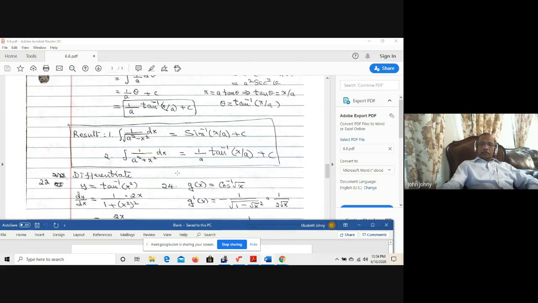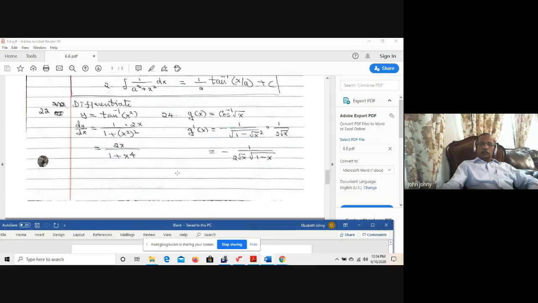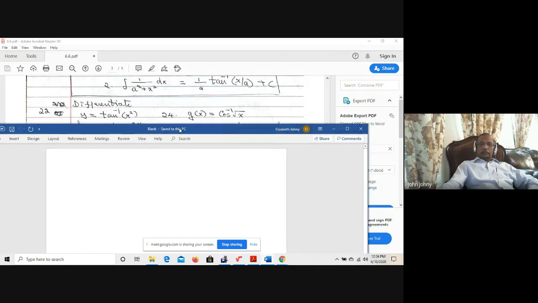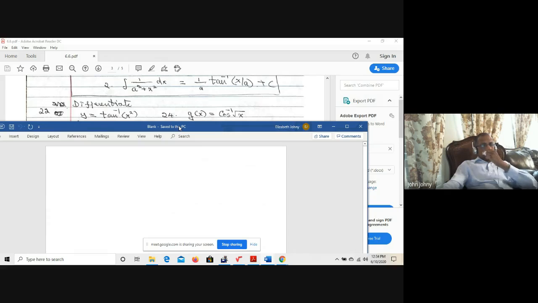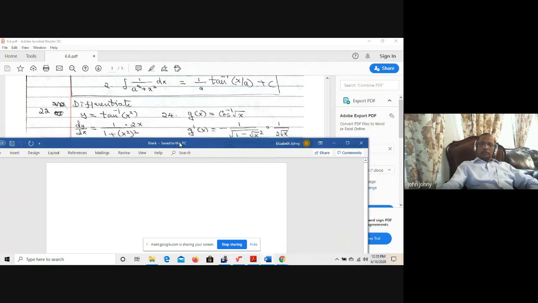Okay, now let us start with question number 22 in the book. Differentiate y is equal to tan inverse x square. So you use the formula for tan inverse x and then the chain rule. dy over dx is 1 over 1 plus x square squared, because you recall the derivative of tan inverse x is 1 over 1 plus x square.